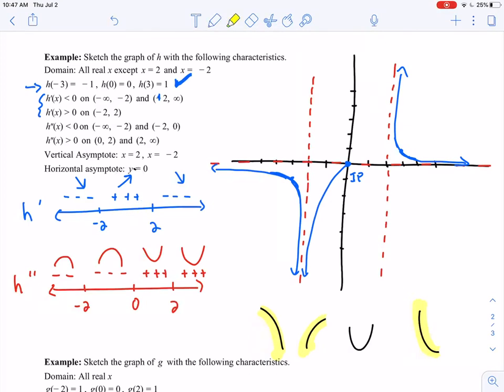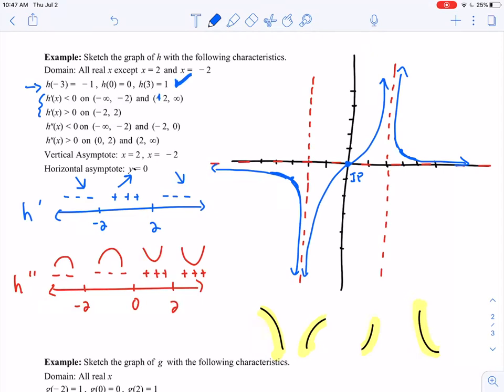This is the piece of the graph that's increasing, so we want to imitate that behavior over there on that right-hand side. So our function should look something like that. We're going to, again, approach that vertical asymptote. There's really nowhere else for me to go. And that's it. There's our graph.